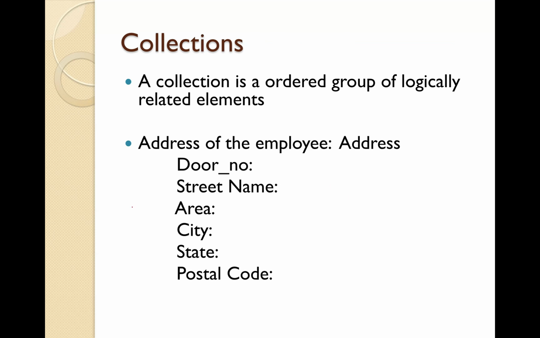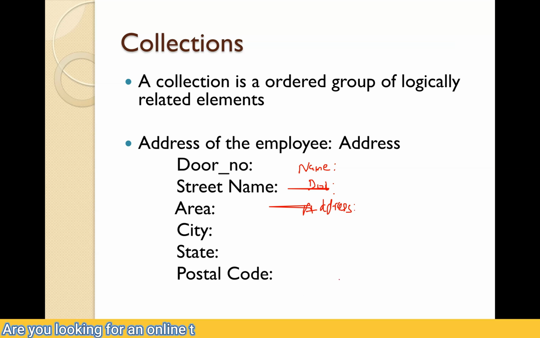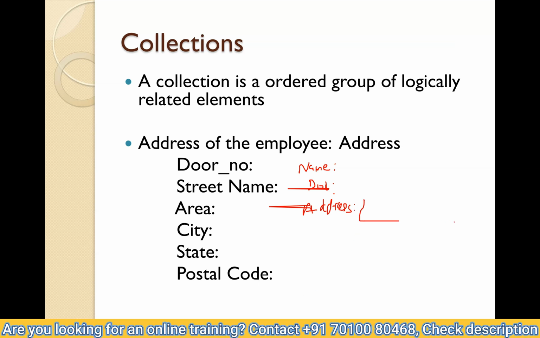We want to store this address, for example, along with your name, your date of birth, your skill set. You are mentioning address here. We are not storing it as a single column. In address, we need to take an array of values.